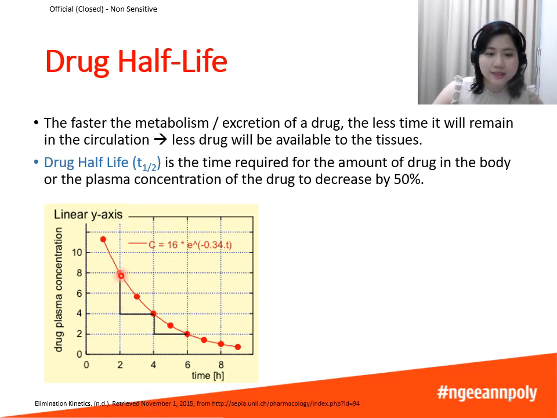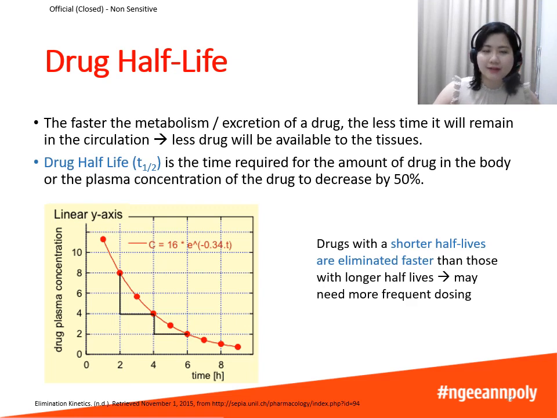At 2 hours, the drug plasma concentration is 8. After 2 hours, the drug concentration is halved from 8 to 4. After another 2 hours, the concentration is half again from 4 to 2. So in this example, the half-life of the drug is 2 hours because it takes 2 hours for the drug concentration to be reduced by 50%.